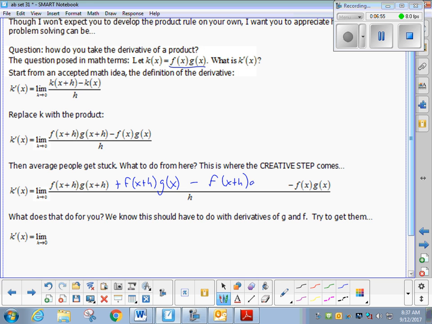Would you agree then that that is mathematically balanced and we have not broken math? All right. The reason they did that, and that kind of makes sense in retrospect, is I imagine when I take the derivative of this, it probably has to do with the derivative of f and the derivative of g, yeah? So they're trying to get to a place where they get the derivative of g and f.